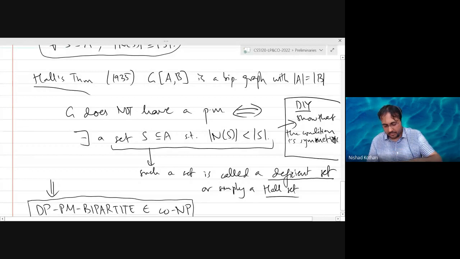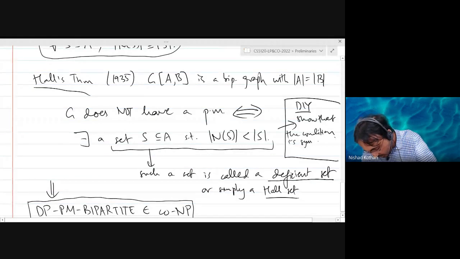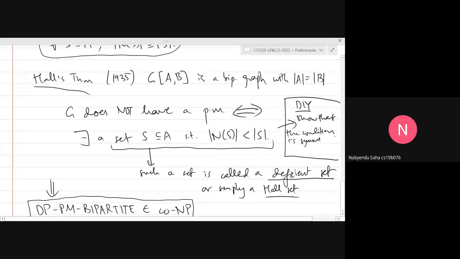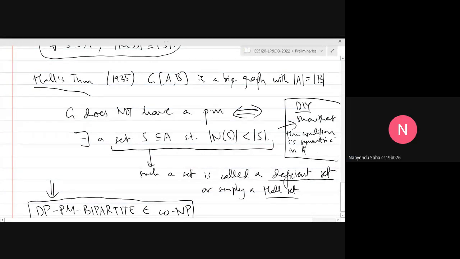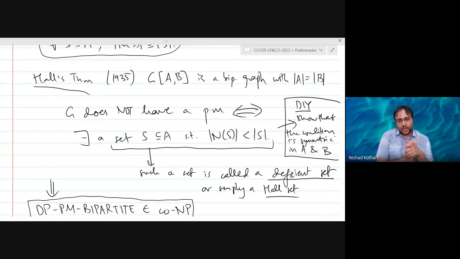Does it answer your question? Yes, sir. Okay, so there's nothing special about A. The same thing applies for B. It's just that there is some symmetry in the graph, which is why you don't need to say both statements.